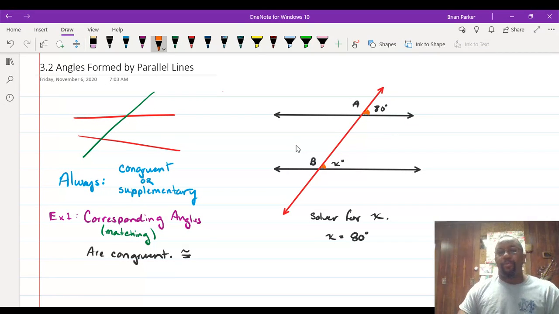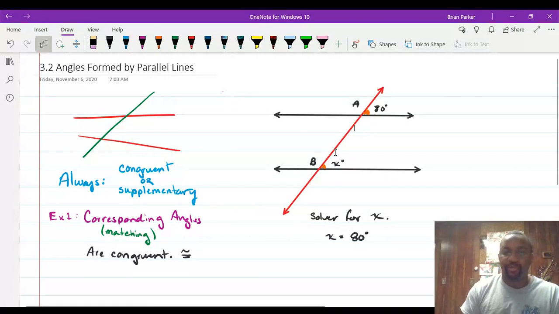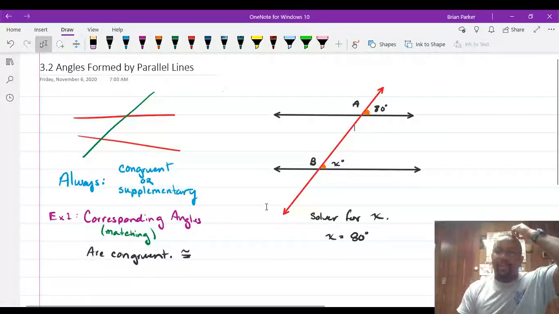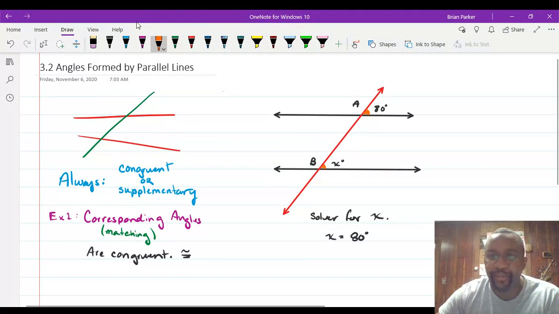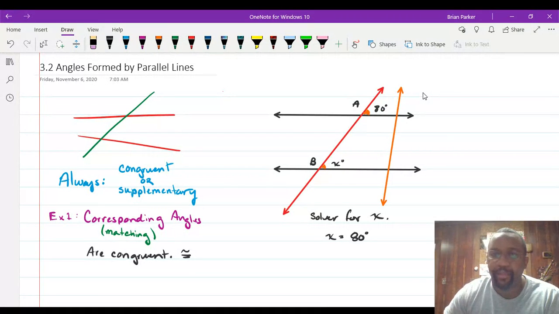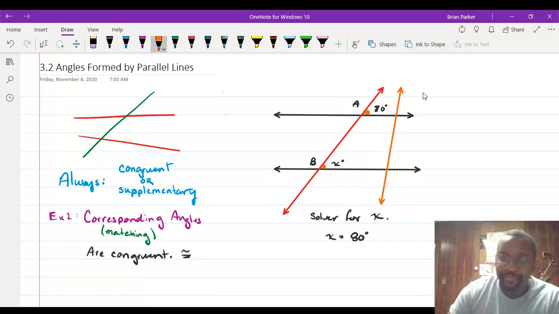But what if we made it a little bit more difficult, which is what they're going to do. It's their job to make our lives a little bit harder. So let's draw another transversal here. Notice this one's a little bit different. I'm gonna put an expression here this time.